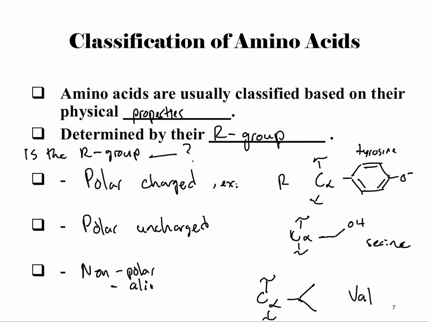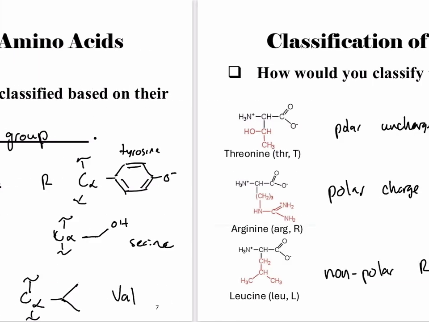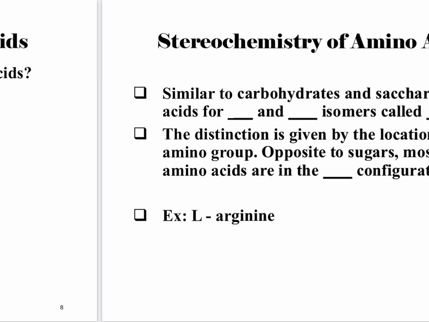You'll have aliphatic, which are just regular sp3 carbon chains, and then you'll have aromatic, where you'll have the aromatic rings involved. And there's a series that we've talked about different heterocyclic rings that can be aromatic, benzene rings that can be aromatic. So those are all under the aromatic R group. It's not that important, but sometimes you will see these different classifications within the nonpolar R groups. Right, so that's how we would classify these different amino acids.